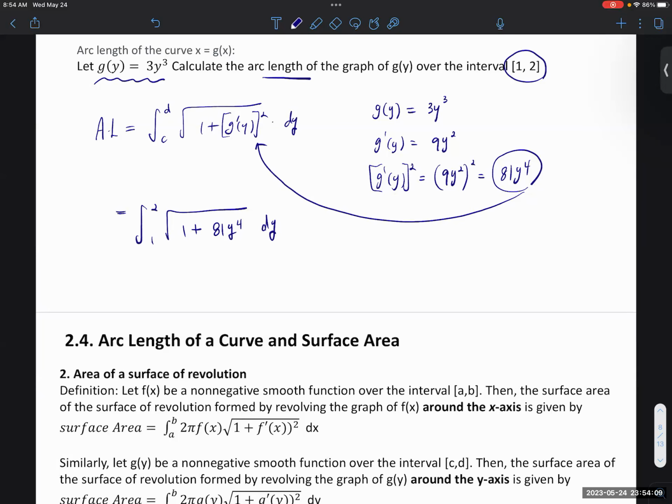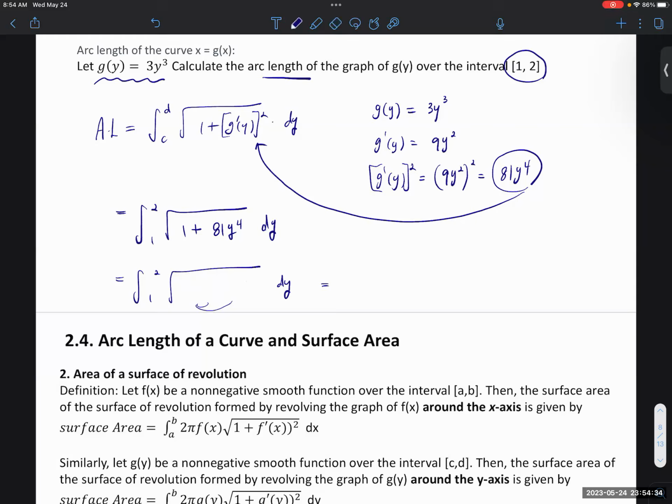You can factor out 81. So from 1 to 2, this is the same as the square root of 81 times 1 over 81 plus y to the 4, dy, because I can factor out 81. Actually, I have a little bit of a typo, so let me change this.